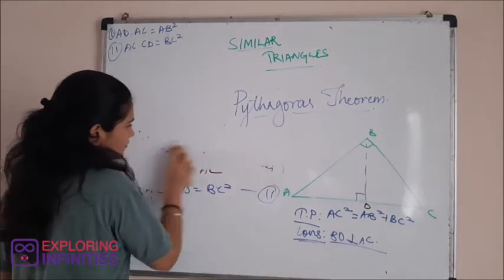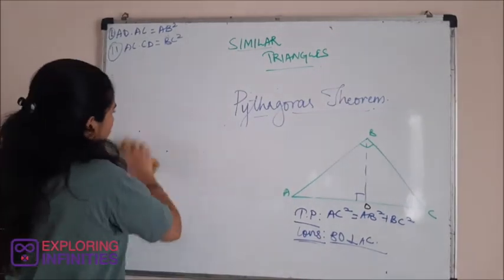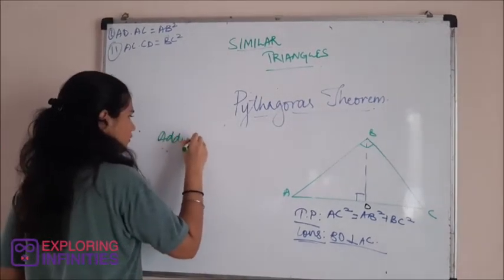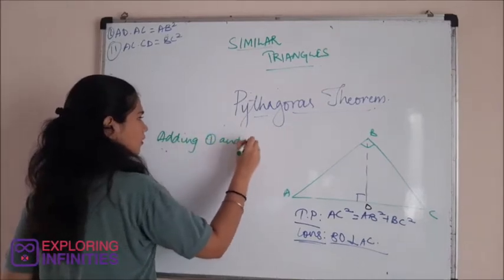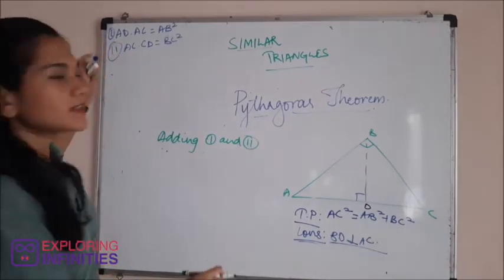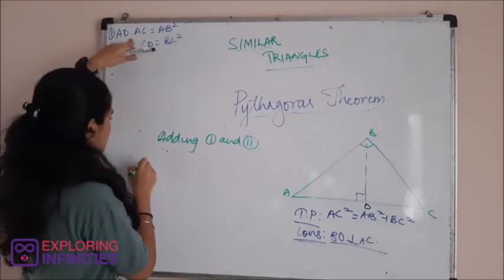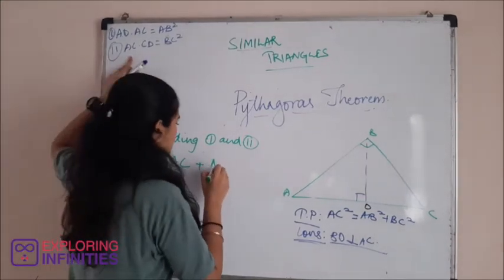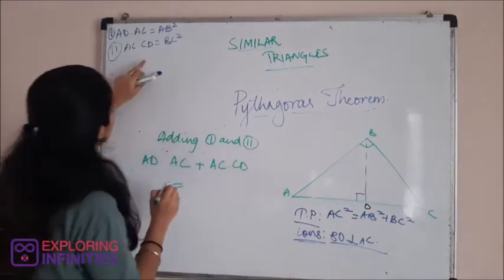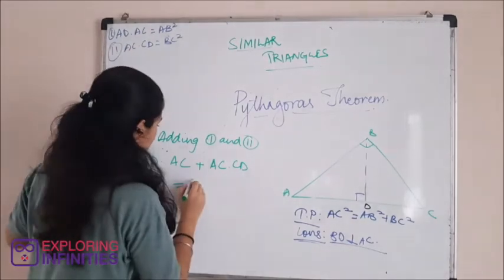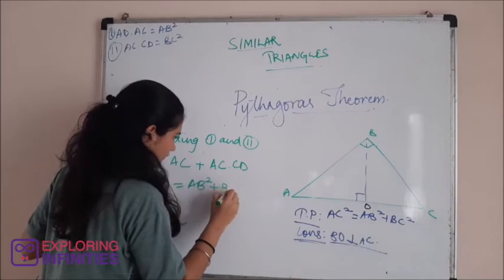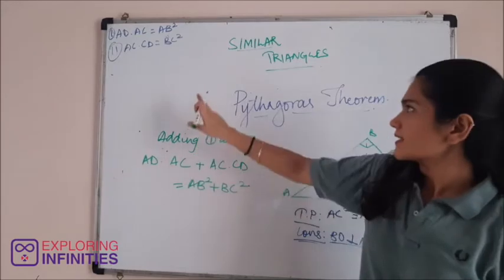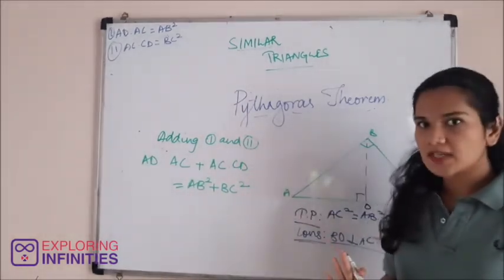So you have those two observations. We'll add 1 and 2. So adding 1 and 2, what do you get? You get AD into AC plus AC into CD equals AB square plus BC square.